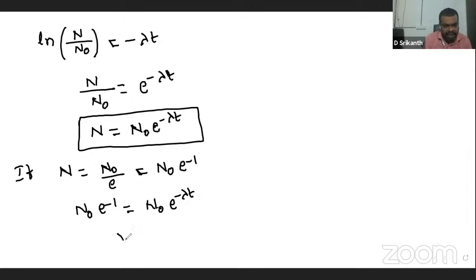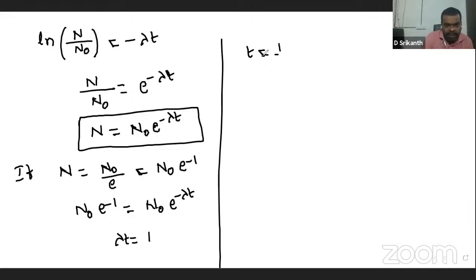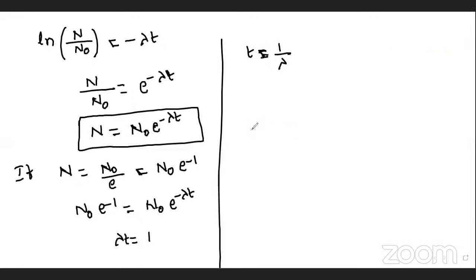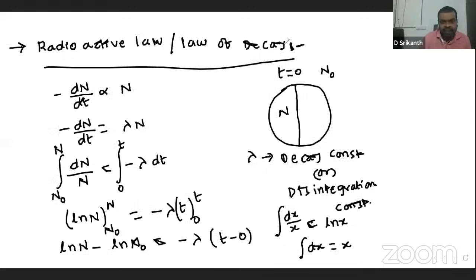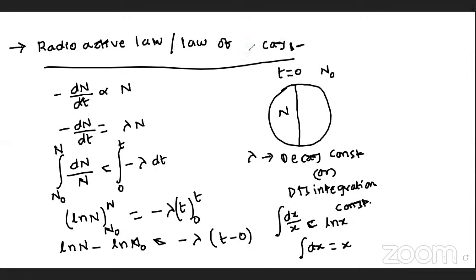So lambda t equals 1, that is, t is equal to 1 by lambda. Keep the heading as law of decay or radioactive law.